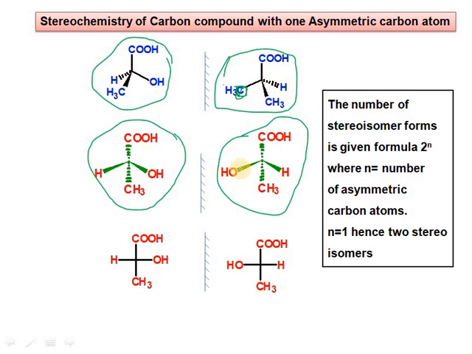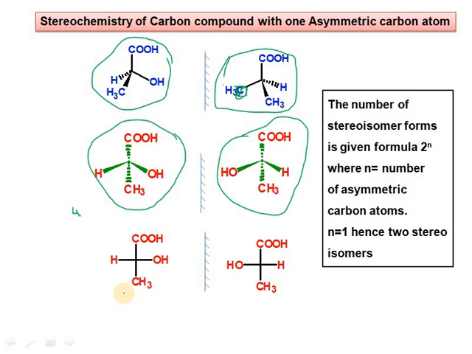Therefore, these molecules are said to be chiral or dissymmetric, and they do not possess any element of symmetry, and hence they are optically active. This is optically active, this is also optically active, and the other structure will also be optically active.